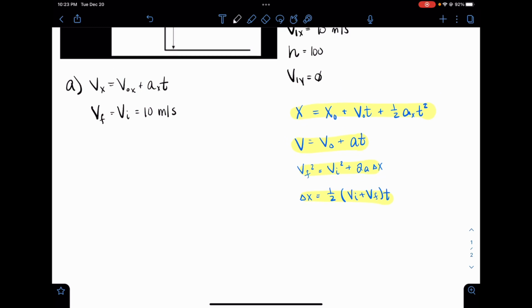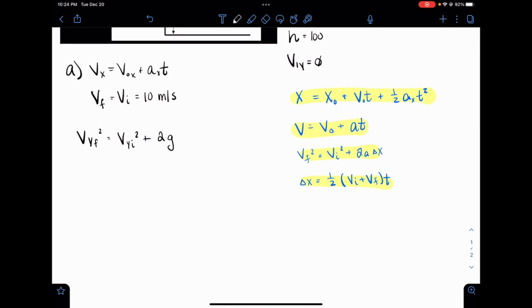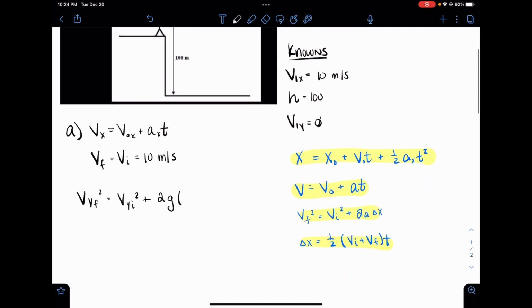So if we're looking for velocity in the y direction final squared, it's going to equal velocity in the y direction initial squared plus 2 times acceleration in the y direction, which is g, times the distance traveled, which in this case is going to be 100 meters.